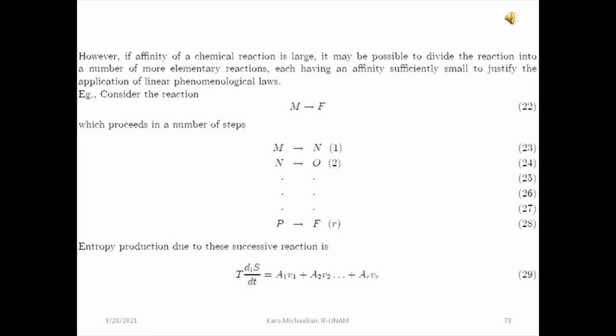However, if the affinity of a chemical reaction is large, it may be possible to divide the reaction into a number of more elementary reactions, each having its own particular affinity, being small. So in the end we can justify having linear phenomenological laws for each one of these individual reactions in the overall reaction, where the affinity is large.